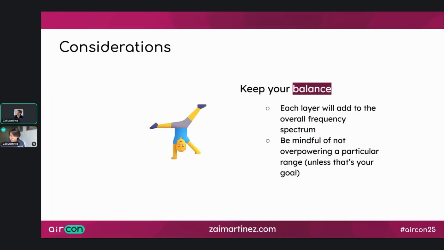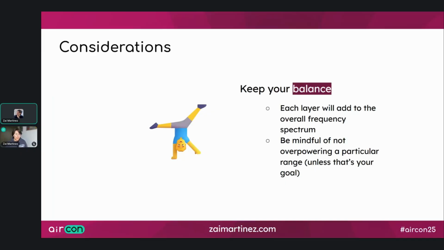I also try to keep my balance in order to avoid things going too much on the low end or the high end. I try to even things out, but it is not always going to be balanced. I don't look for that.